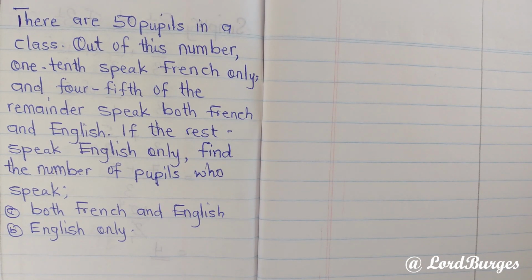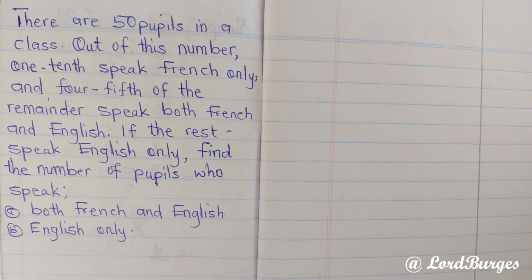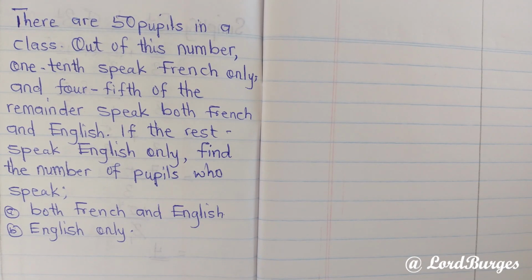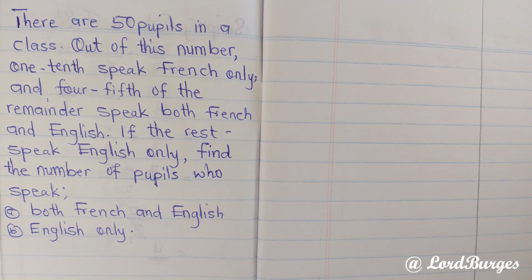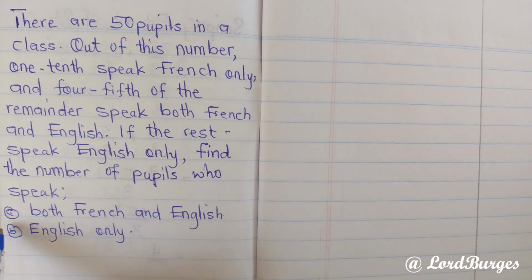Out of this number, 1/10 speak French only, and 4/5 of the remainder speak both French and English. If the rest speak English only, find the number of pupils who speak (a) both French and English, and (b) English only.